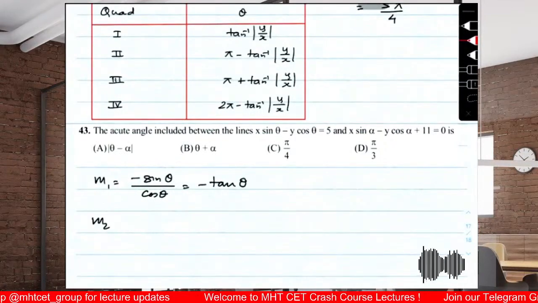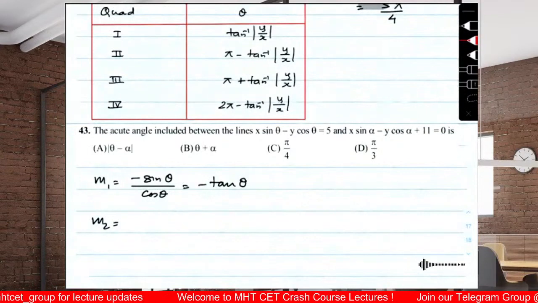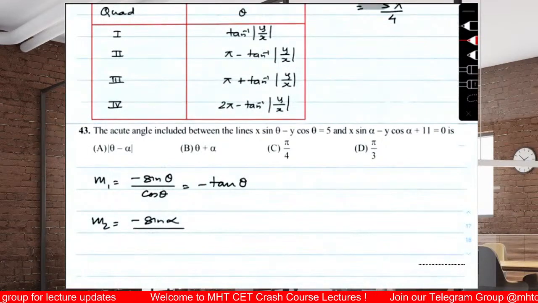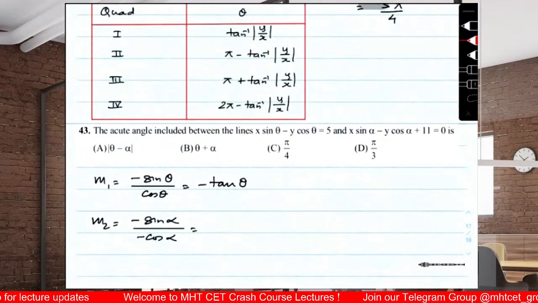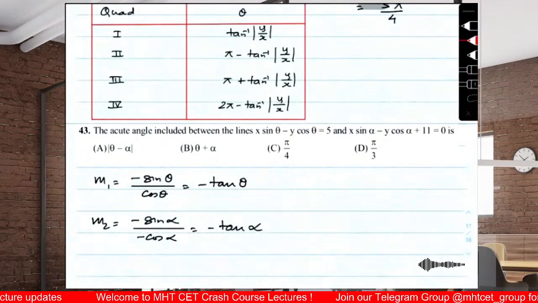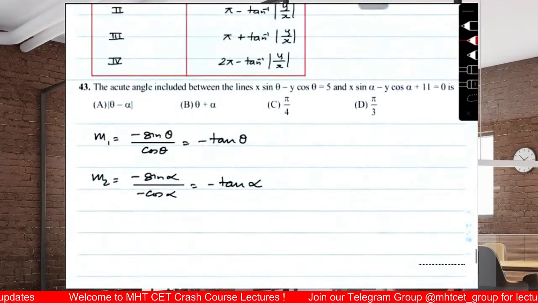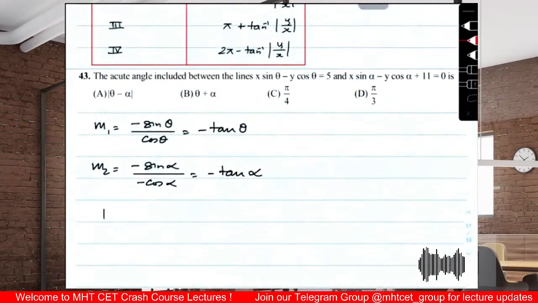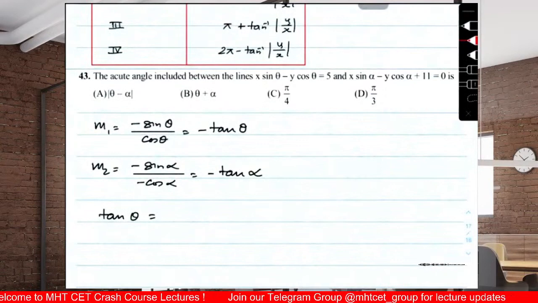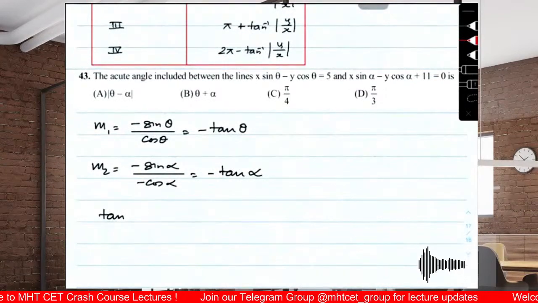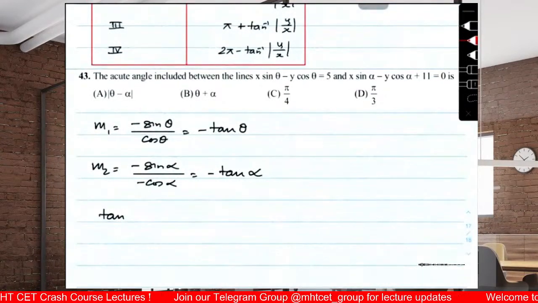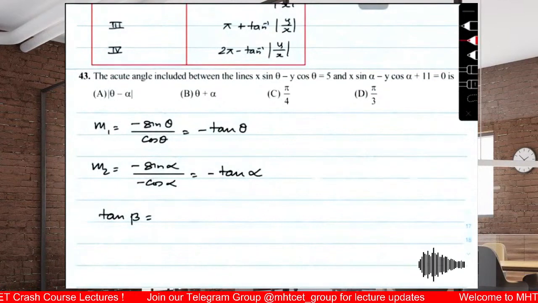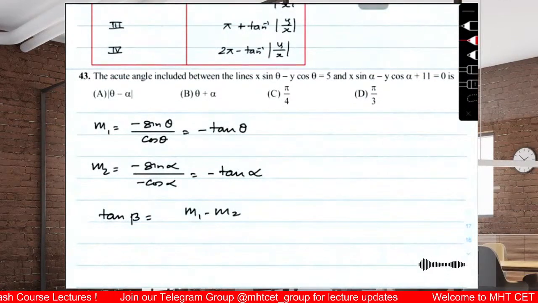And slope of second line is minus sine alpha upon minus cos alpha, that is minus tan alpha. Okay, acute angle बोला है, so tan beta is, acute angle हम लोग assume करके चलते हैं, beta is modulus of m1 minus m2.